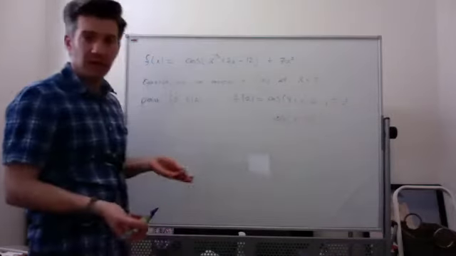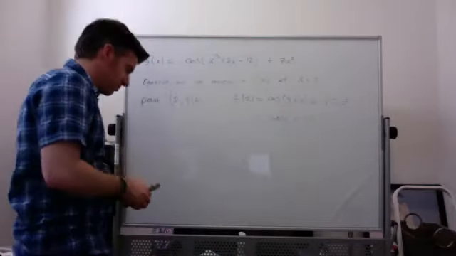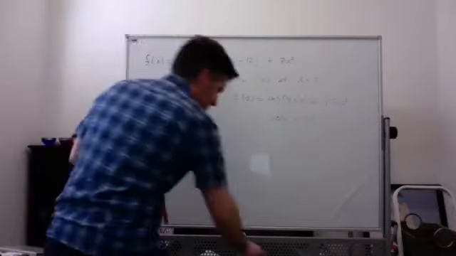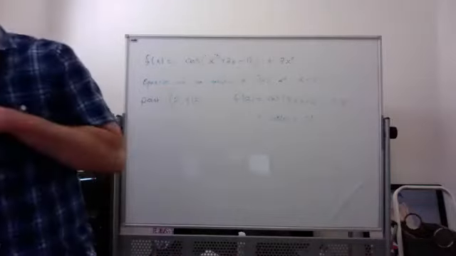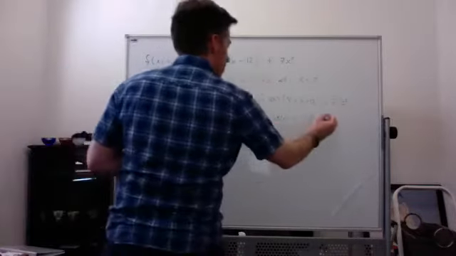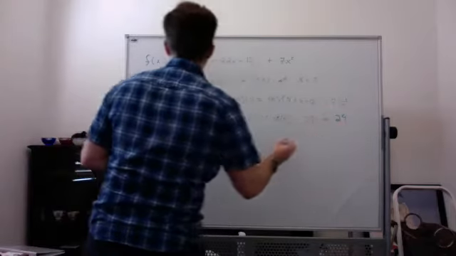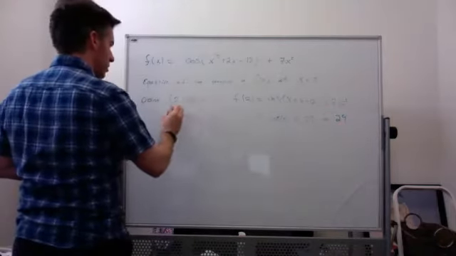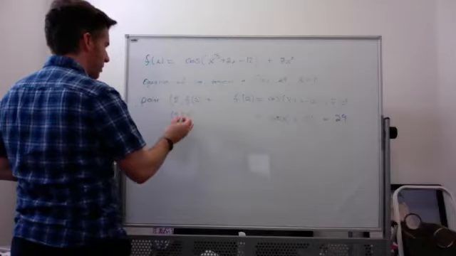And what's cosine of 0? Yeah, exactly. Thank you, Elsa. So we know that our point is just 2 comma 29.